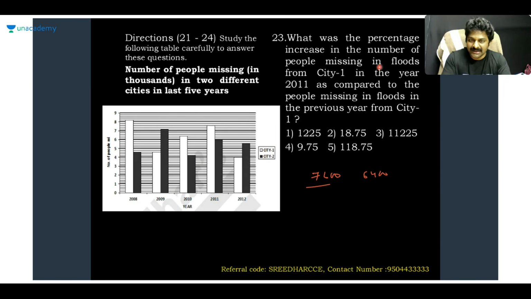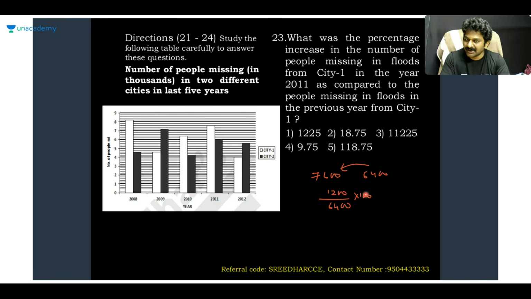People increased by what percentage? That's your question. 7,600 is how much more than 6,400? 1,200 more. From where? 6,400.